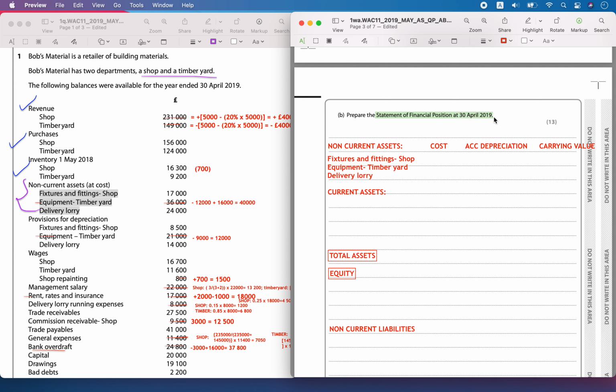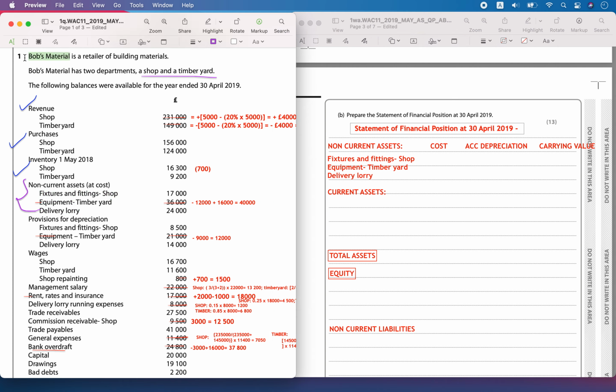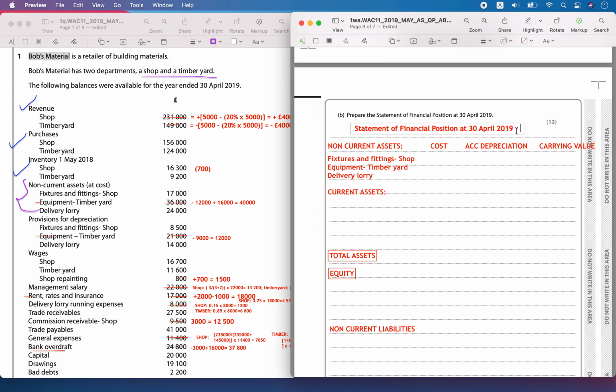This is the statement of financial position at 30th April for Bob's PLC. You have to write the heading for Bob's PLC.